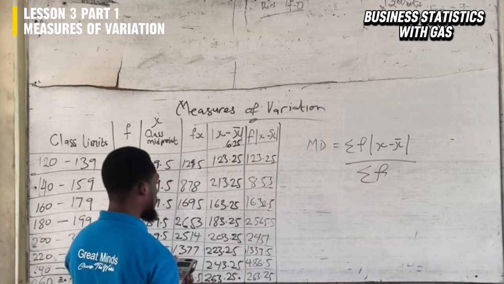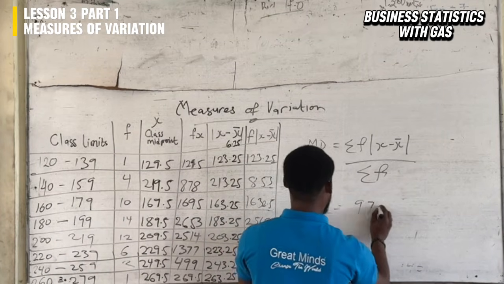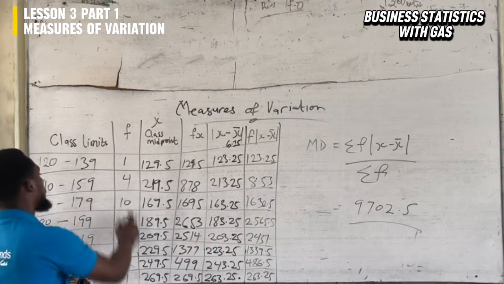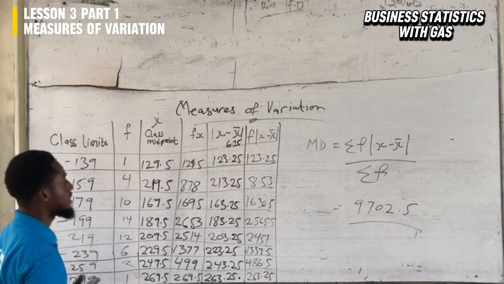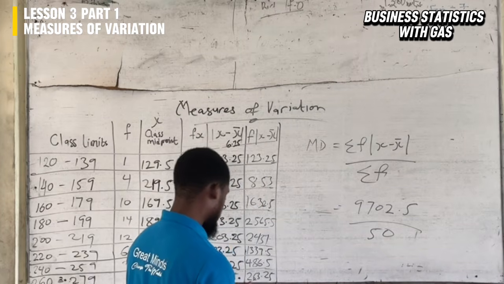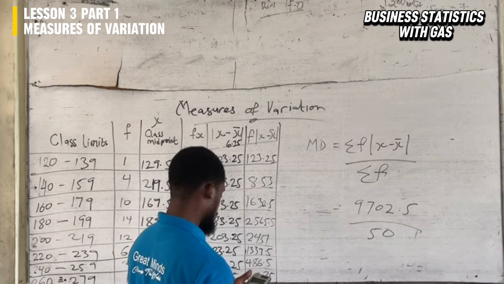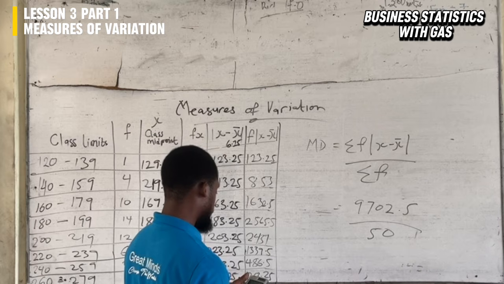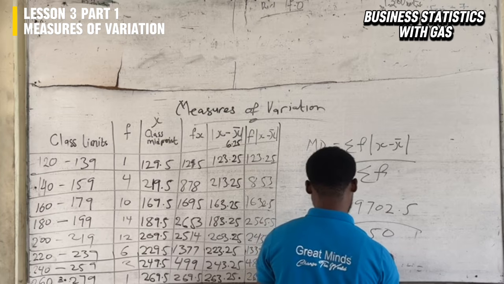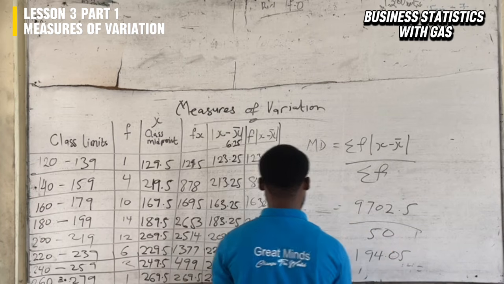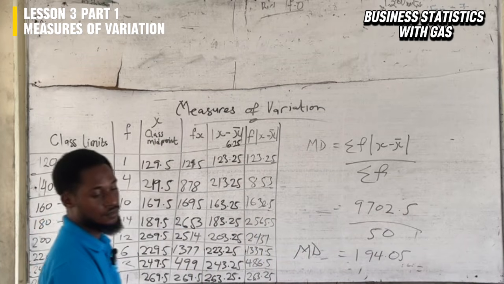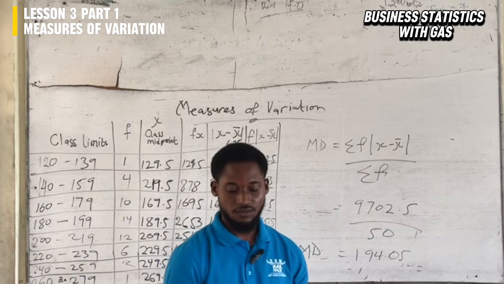When we tally all this, we had 9,702.5, divided by our f, which when we tally all this, we are getting 50. So when we divide 9,702.5 by 50, we are getting 194.05 as our mean deviation. So this is how we calculate mean deviation of grouped data.